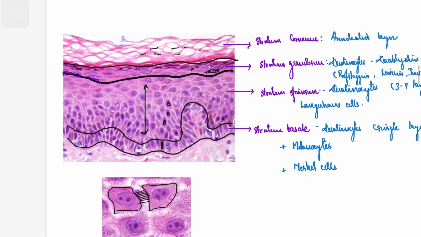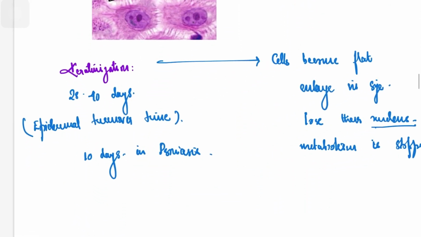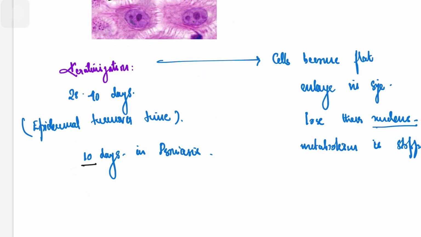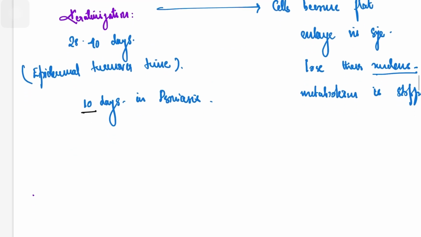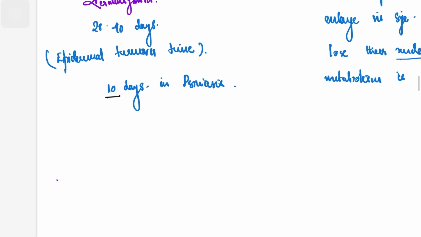Okay, and in psoriasis, there is hyperproliferation of the keratinocytes. So the duration is reduced to 10 days. Okay, so they do not undergo all this transformation. So sometimes they retain the nucleus in the stratum corneum. And if the cells retain the nucleus in the stratum corneum, it's called parakeratosis.